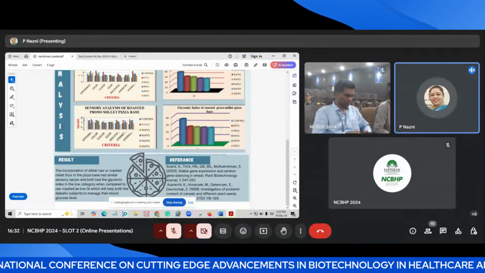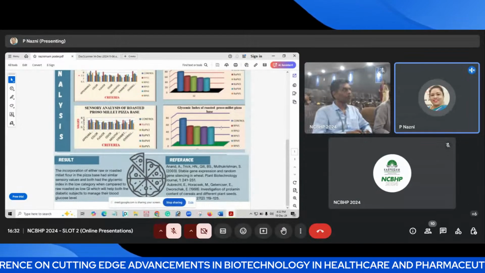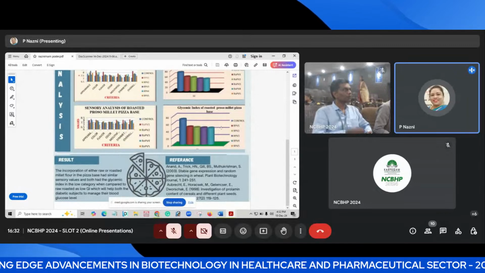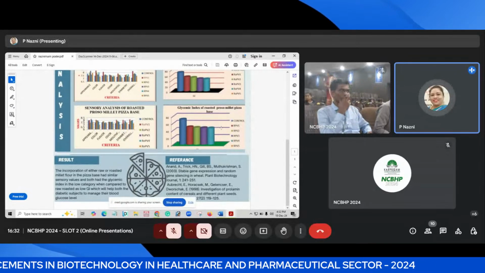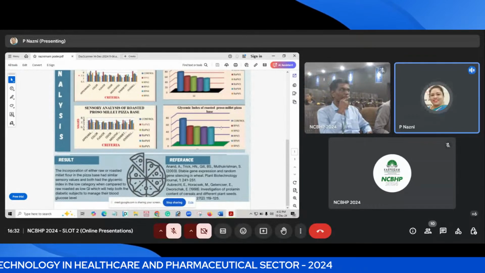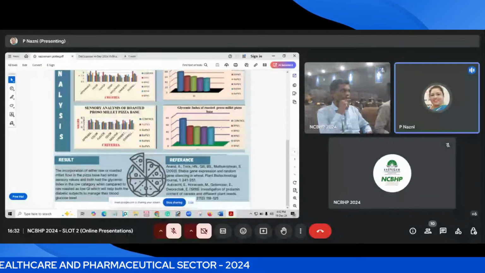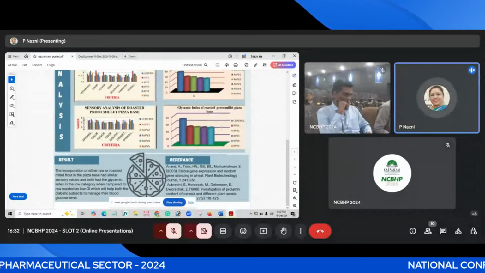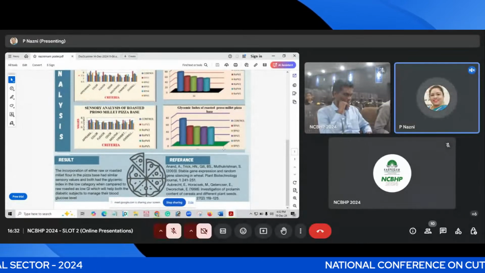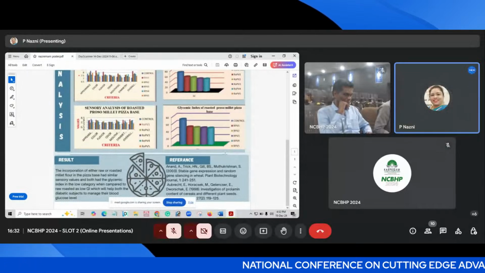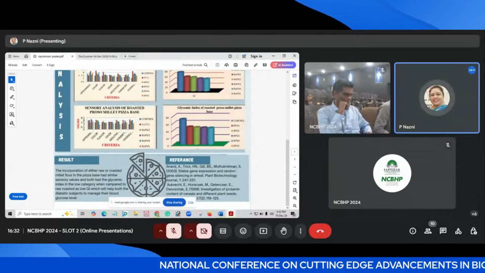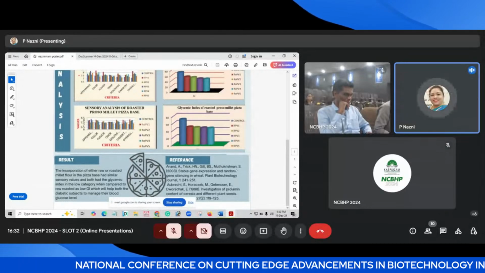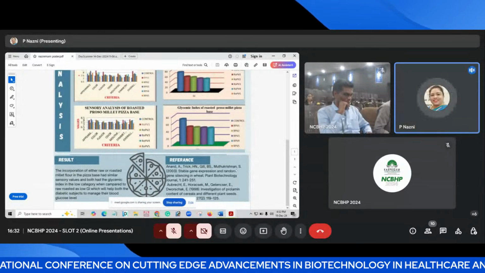Result: the incorporation of either raw or roasted millet flour in the pizza base had similar sensory value, and both had a low glycemic index category compared to others. The low GI helps diabetic patients manage their blood glucose level. Here's the reference, sir.